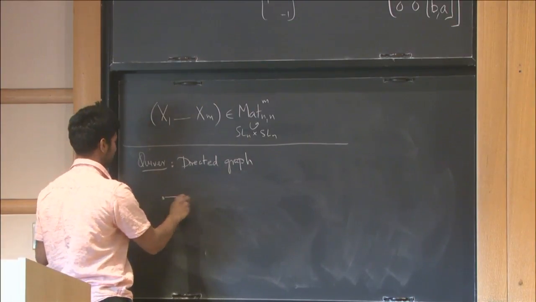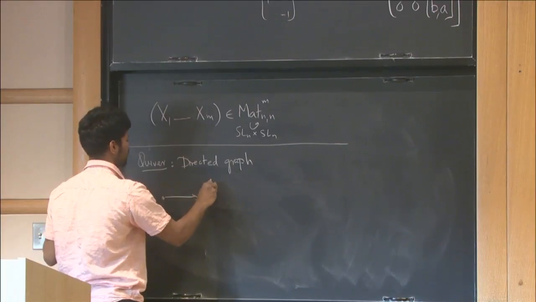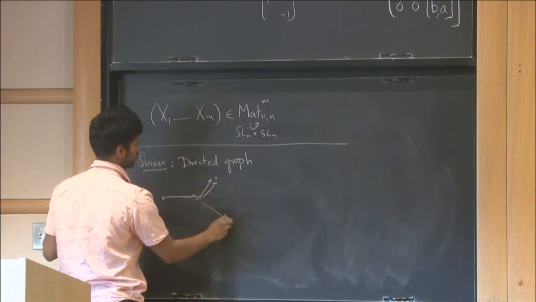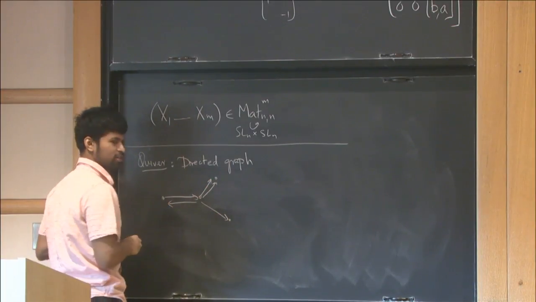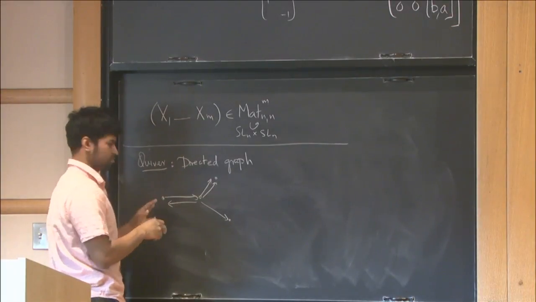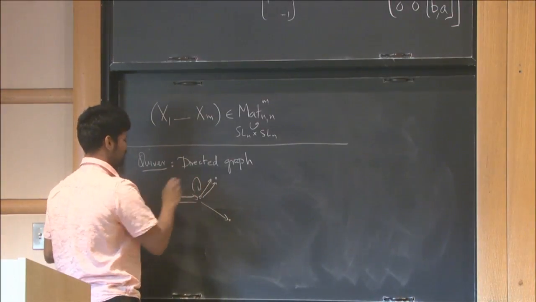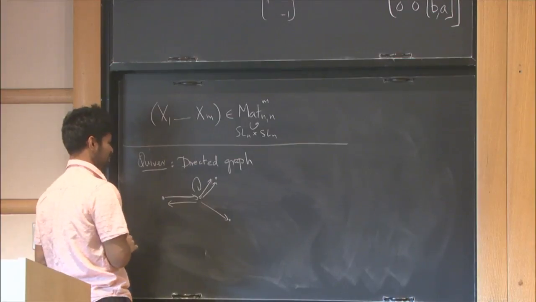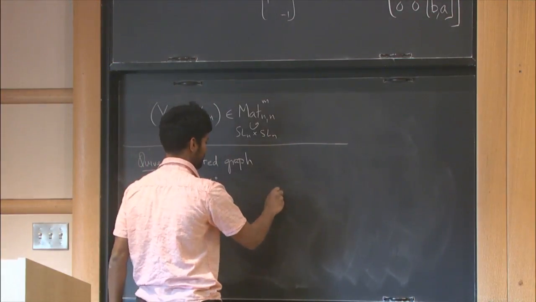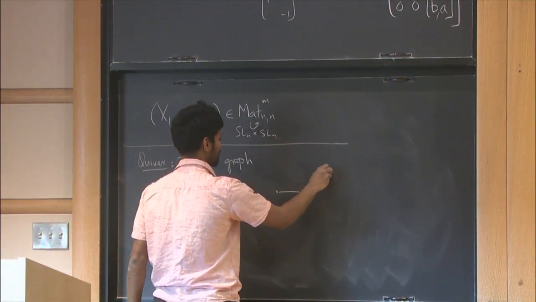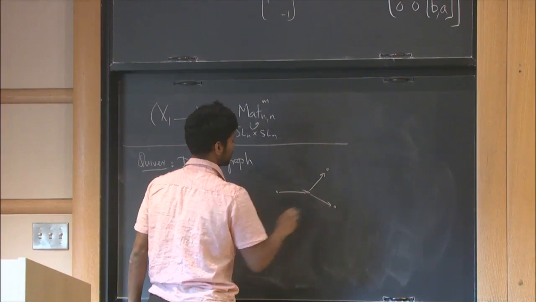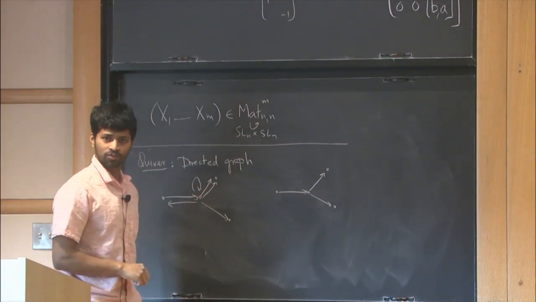So here's an example of a quiver. You can have multiple arrows. You could have them going in the other direction. Self loops, whatever you wish. That's too big an example for me to do the next thing, so I give myself a slightly smaller example. So what's a representation of this quiver?